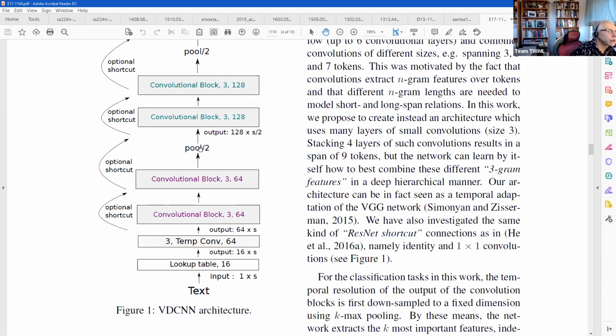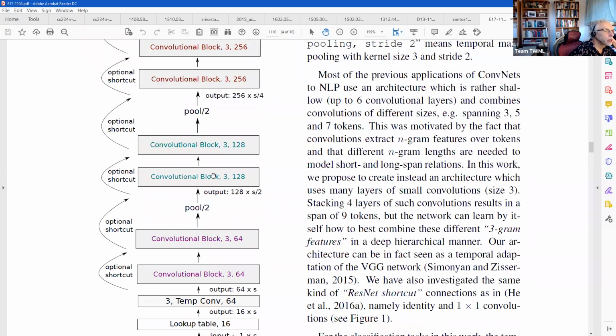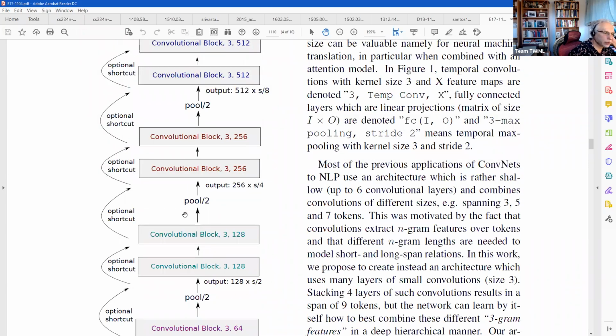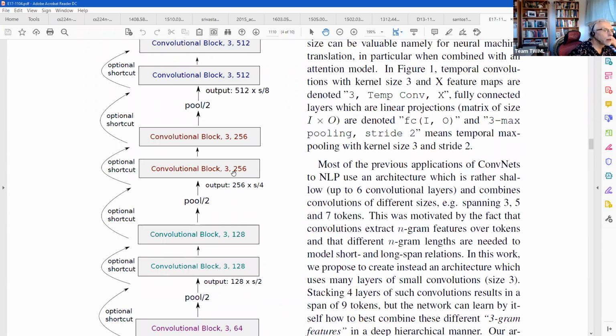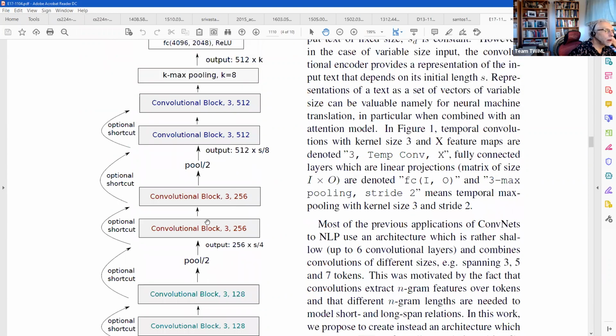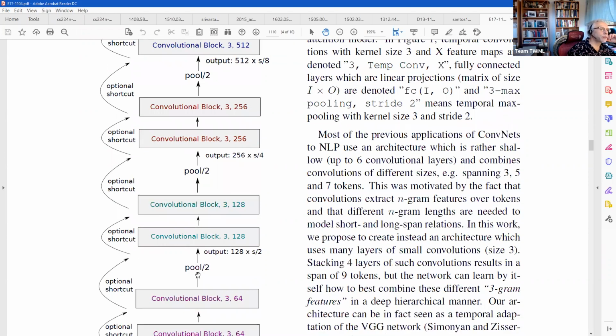So you got all these blocks. Then you do some kind of pooling, more convolutional blocks with optional shortcuts. And here the dimensions are changed. You're doubling the number of filters. And here you're doubling again. So just notice that there are blocks that involve shortcuts.